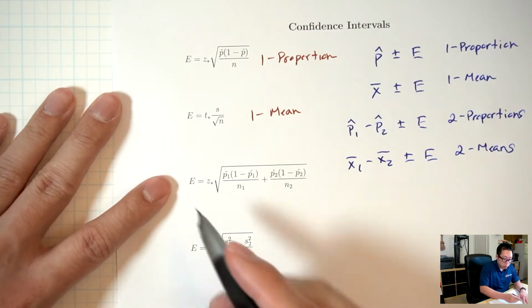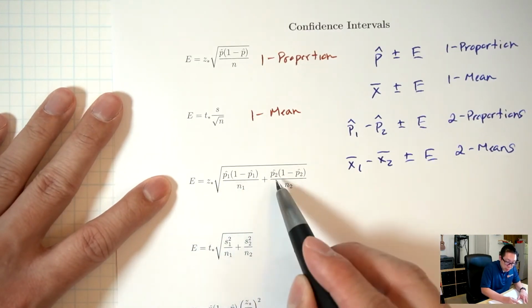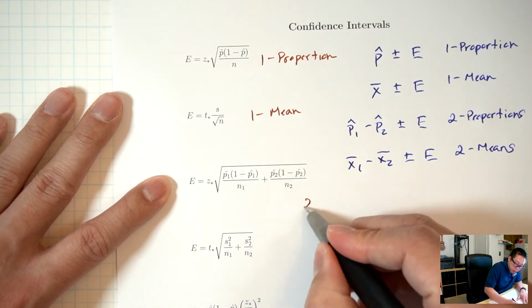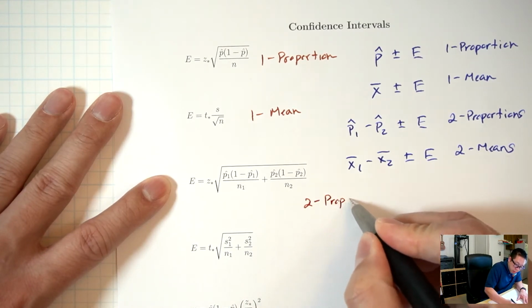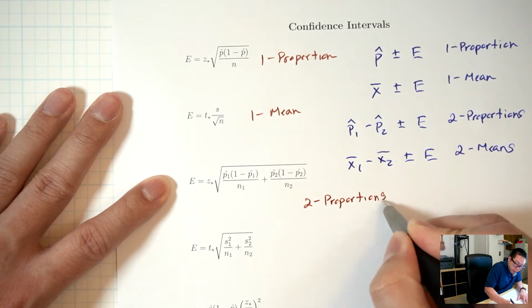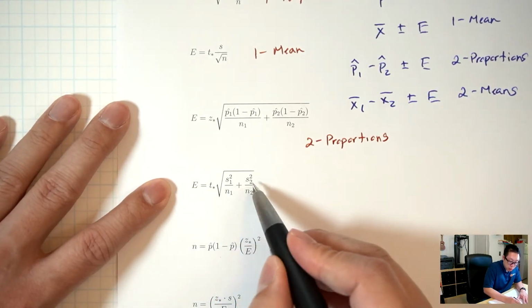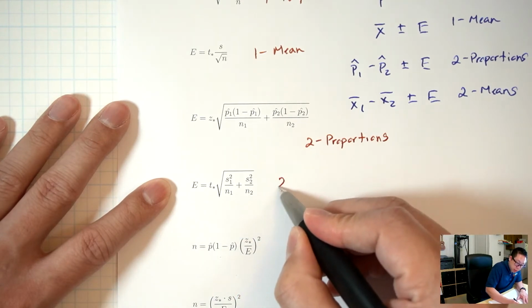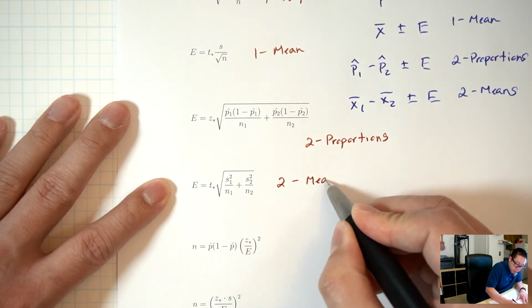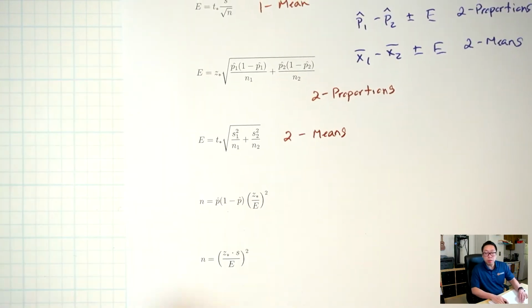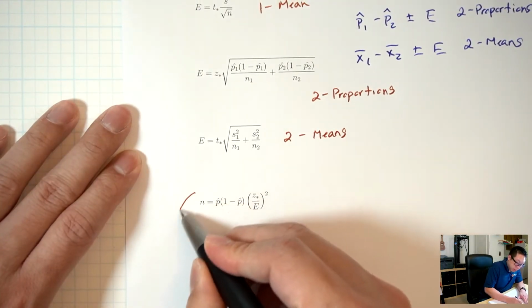The third one with the Z star and also P1 hat, P2 hat, that's for two proportions. The fourth one, T star, with the S1, S2, N1, N2, is for two means.